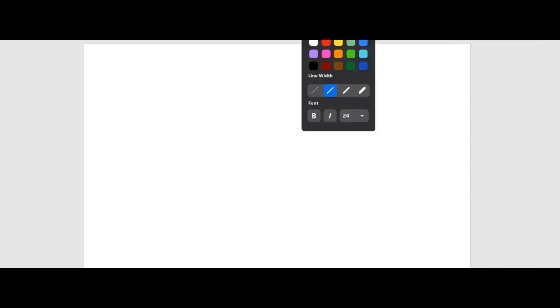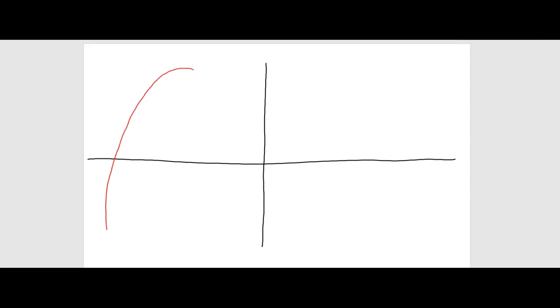So I'm going to draw one big graph. Let's put a function up here. I'm going to have a few different things going on. Okay.